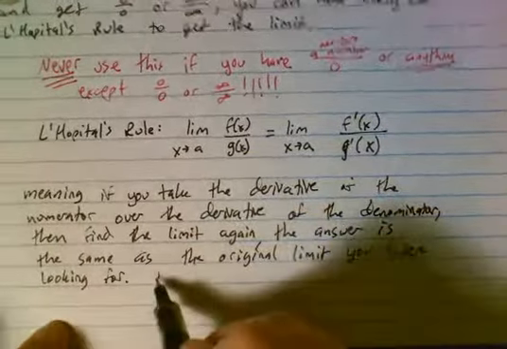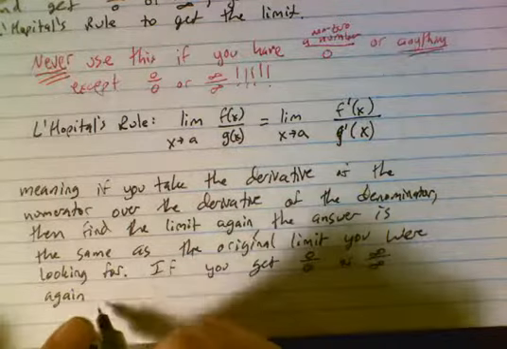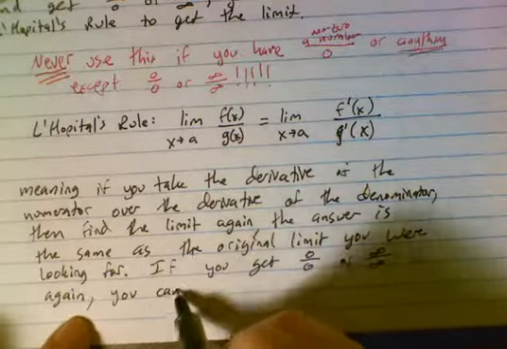If you get 0 over 0 or infinity over infinity again, you can repeat the process.